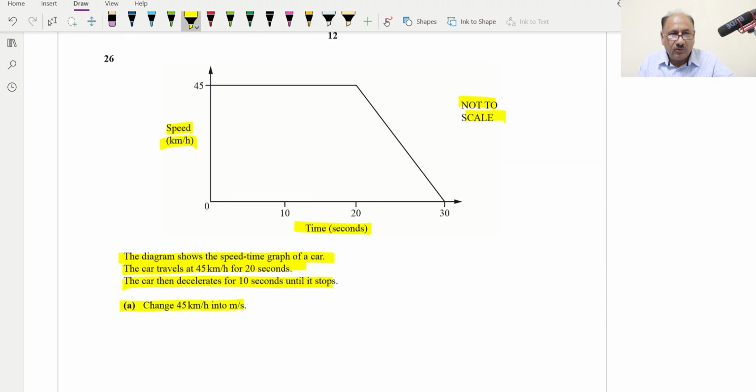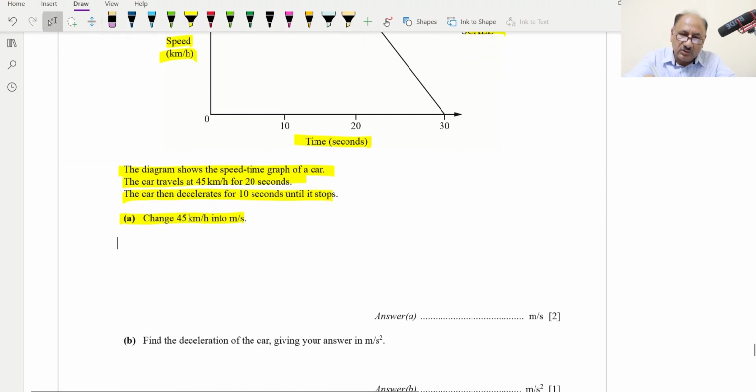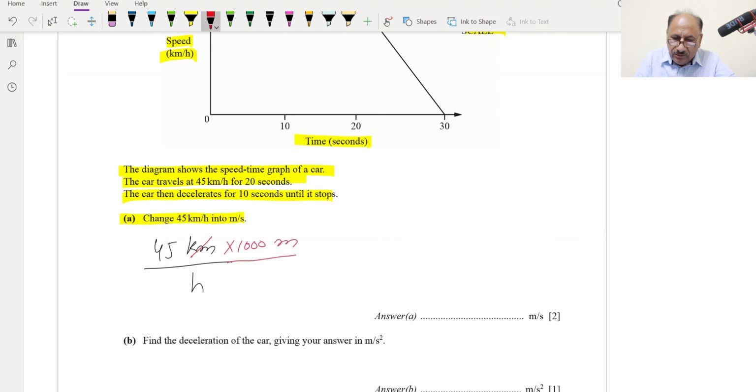Change 45 kilometer per hour into meter per second. So our first target is to convert units. So 45 kilometers per hour. Kilometer needs to be changed to meters, so multiply by 1000. Now this will be meters, and next we can convert hours into minutes by multiplying by 60, and further multiplying by 60 it will change to seconds.